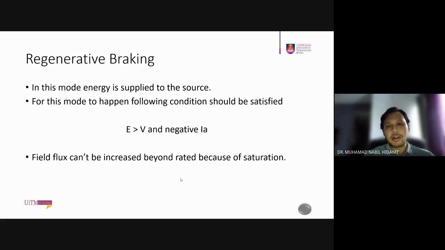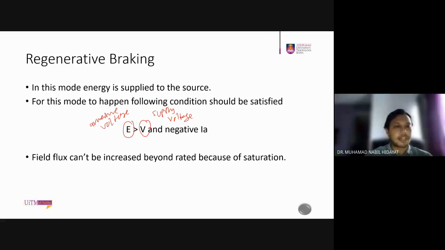But later in our explanation of the four-quadrant drive, sometimes it will not be a negative IA; sometimes you have a positive IA that can also act as braking. But the armature voltage must be higher than the supply voltage so that this condition can happen.